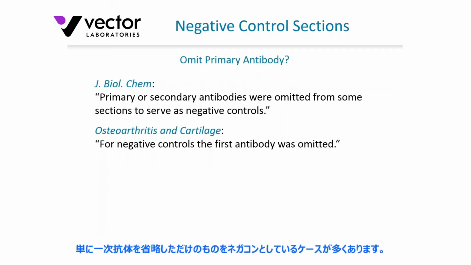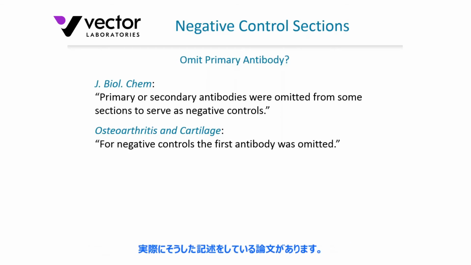Now, a lot of investigators may say, you know what, Craig, we're set on negative controls. We just simply omit the primary antibody. People have published on this, and I've got a couple of quotes here from journals that certainly do highlight that.